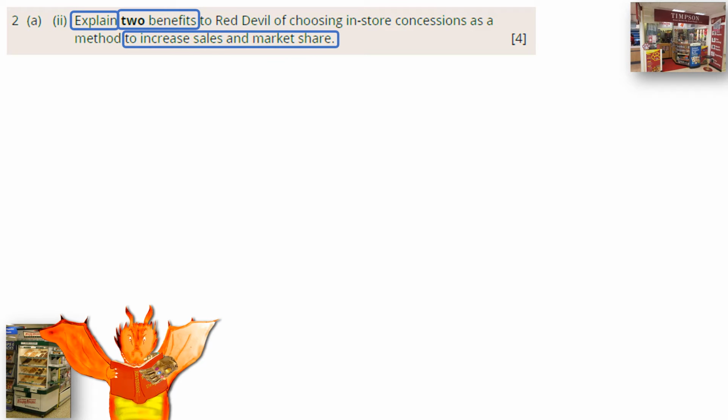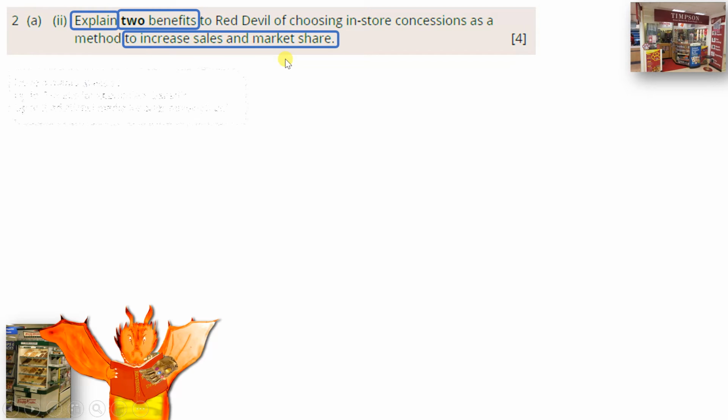So just to go over that again, you need to talk about the benefits of a concession, and having a concession helps the Red Devil increase sales by. Red Devil having a concession will increase their market share by. You've got to link the concession and that last bit of the benefits as well.